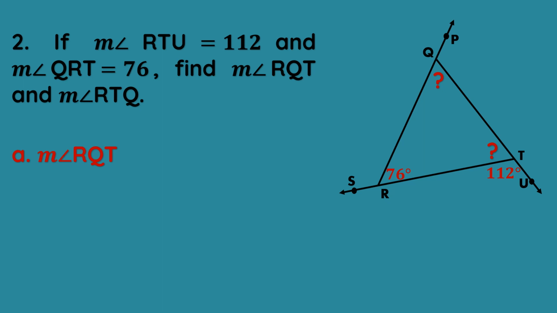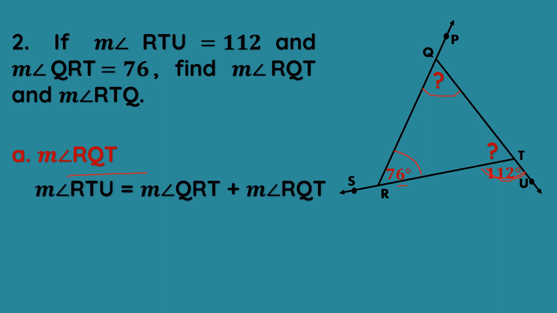As you can see on the figure, angle RTU is an exterior angle whose two remote interior angles are angle RQT, which is the unknown, and angle QRT, which is 76. Then we have the formula: the measure of angle RTU, the exterior angle, is equal to the sum of the measures of the two remote interior angles, which are angles QRT and RQT.